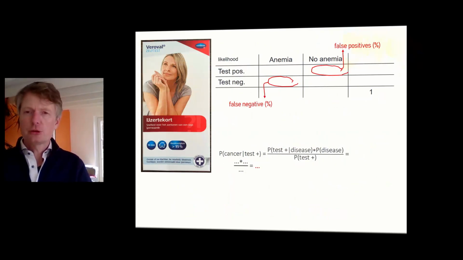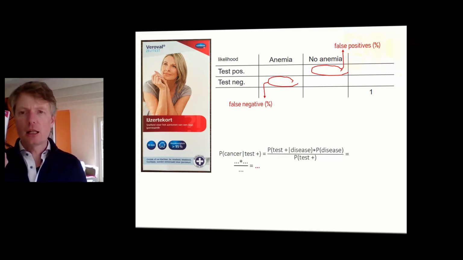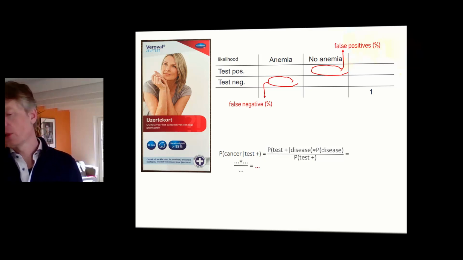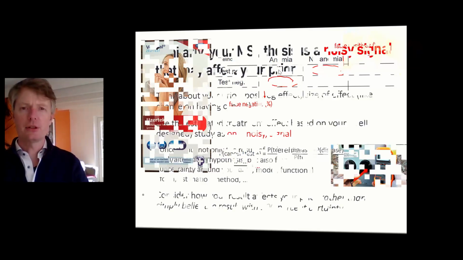Alright, so to go over this one more time, I have a test here. It's a test for anemia that I just bought, so I can do this myself. It's actually not for anemia directly, it's a test for a deficiency, iron deficiency.